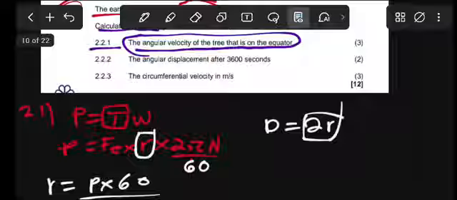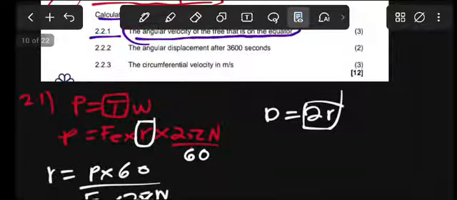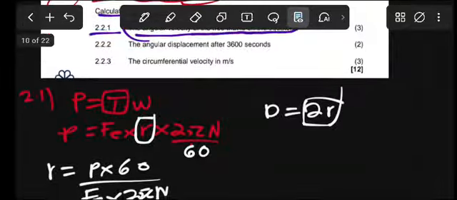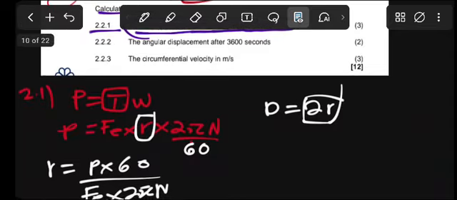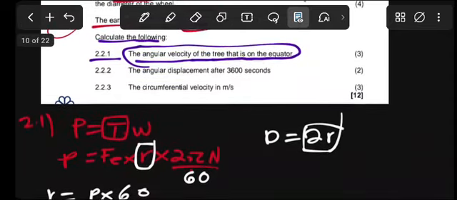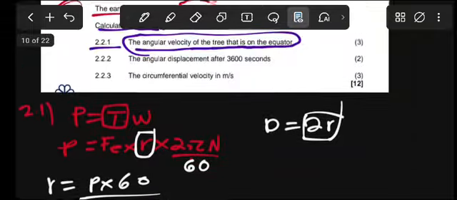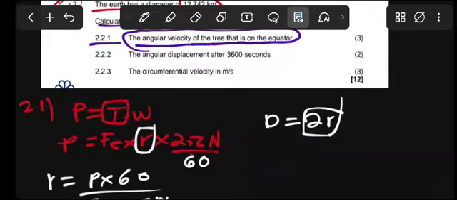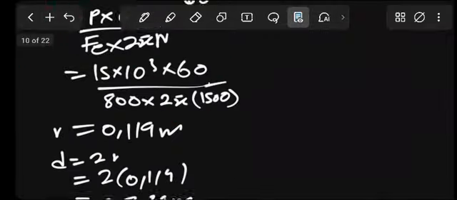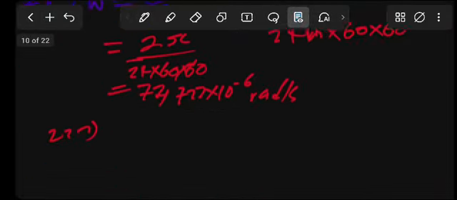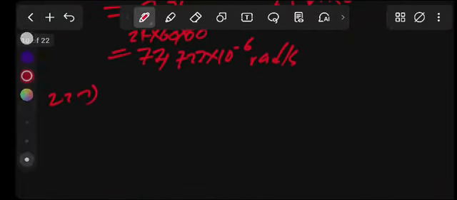That is angular displacement. All right, this is what we have.